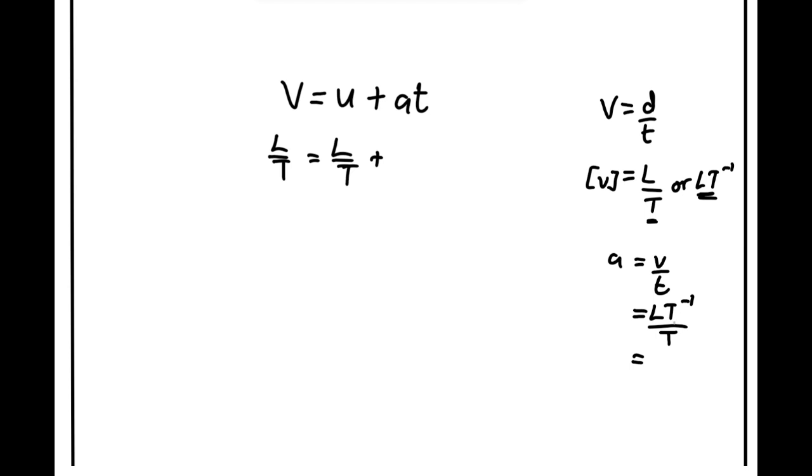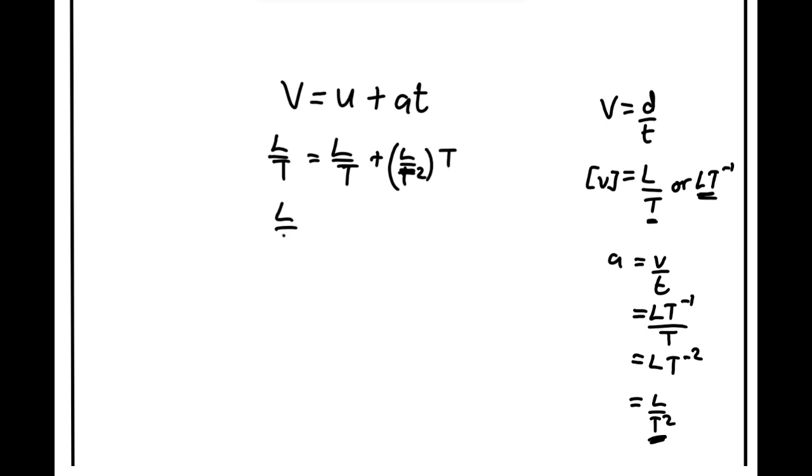This becomes Lt^-2, or it can also be L over t squared. Depends on which one you want to use. In this case, let's use L over t squared. So the dimensions of acceleration are L over t squared, and the dimensions of time are simply t.